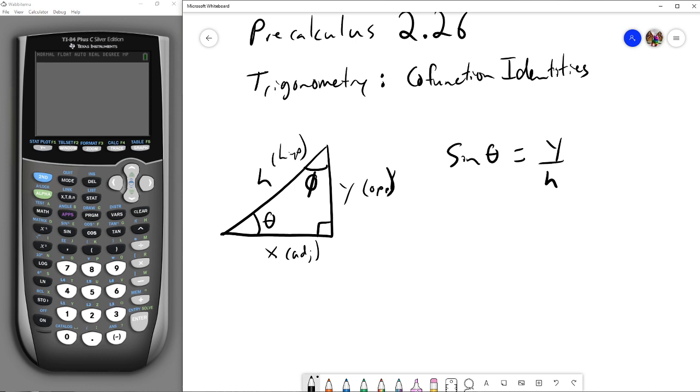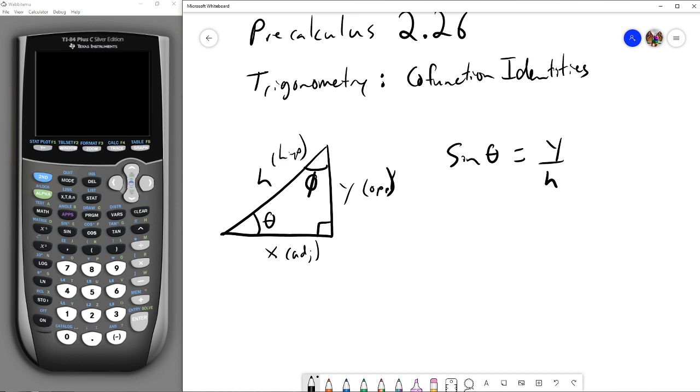So when we think about y over h now, we must make an important note. Here I labeled opposite, hypotenuse, and adjacent in reference to this angle theta. Now, we have to be careful because adjacent, opposite, and hypotenuse are actually relative terms, relative to your angle of reference.